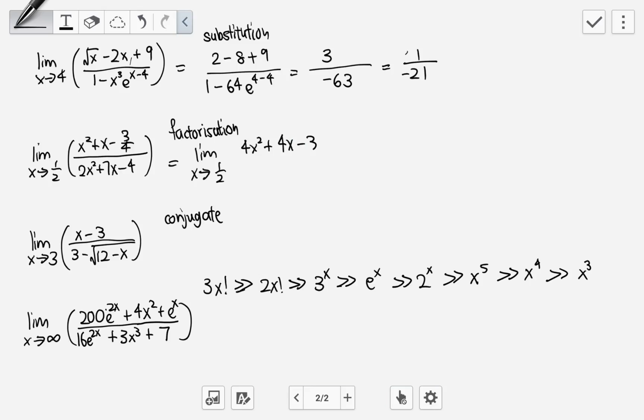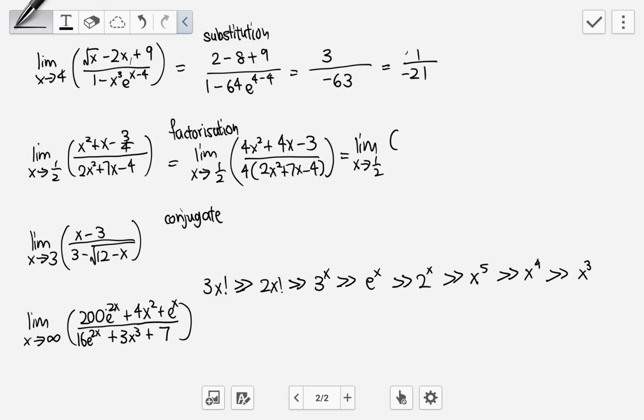Then the bottom I must also multiply by 4 in order to keep the same expression. Okay, this is the same expression. Then I'll continue to factorize.